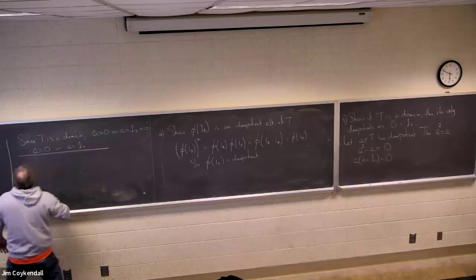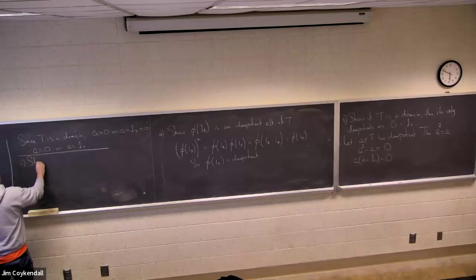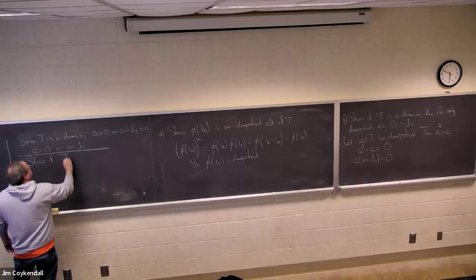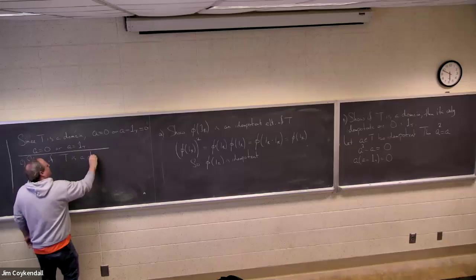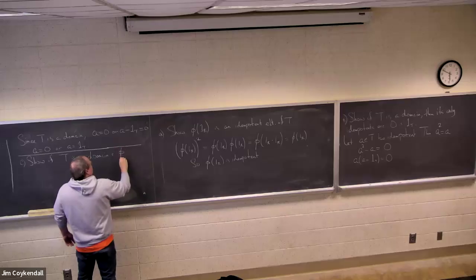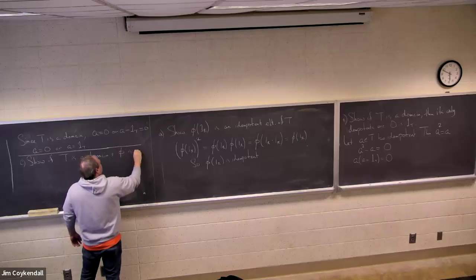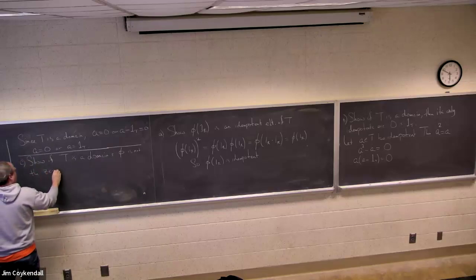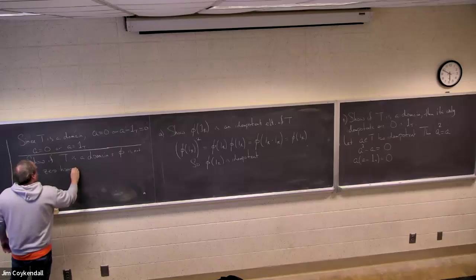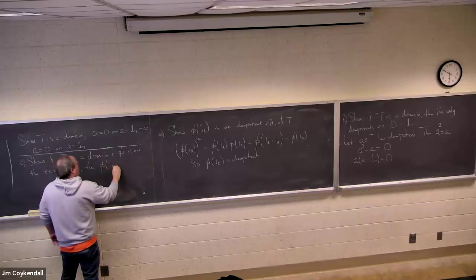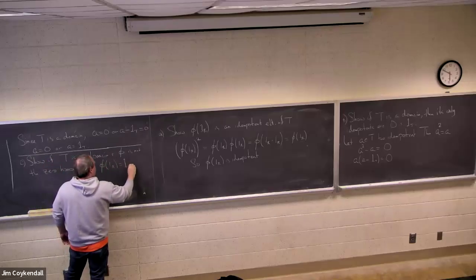So, part C, show that if T is an integral domain and phi is not 0, then phi of 1_R actually has to be 1_T.